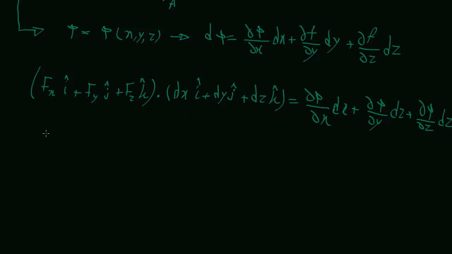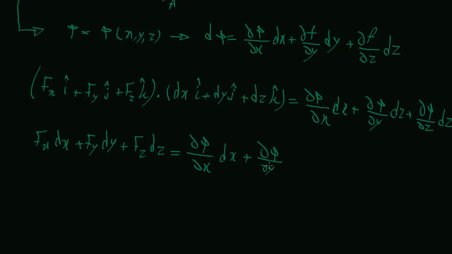If we do the dot product, we get Fx dx plus Fy dy plus Fz dz is equal to the derivative of phi with respect to x dx, plus the derivative with respect to y dy, plus the derivative with respect to z dz.